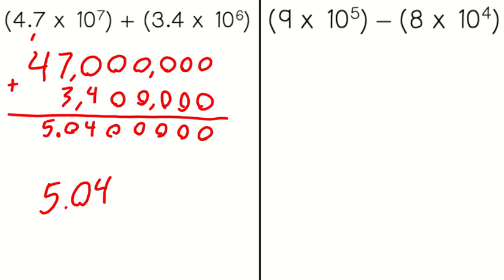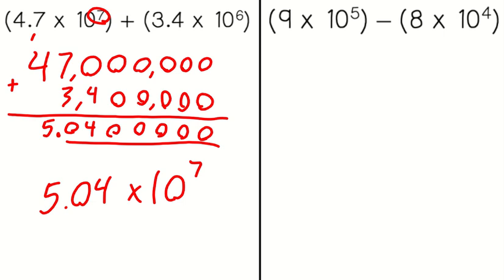Got to keep that 0 there. Times 10. How many digits we got? 7. I got 5 zeros, 4, and that other 0. As I said before, most of the time, we're going to have the exponent of that higher one, okay? There's a couple exceptions sometimes, but for the most part, you end up with that higher exponent.